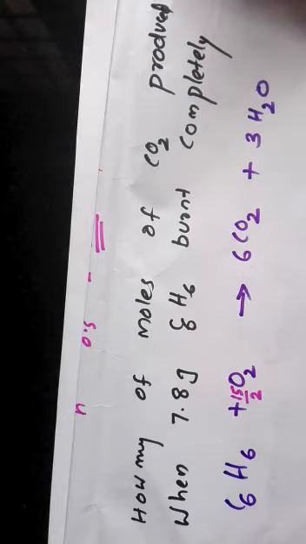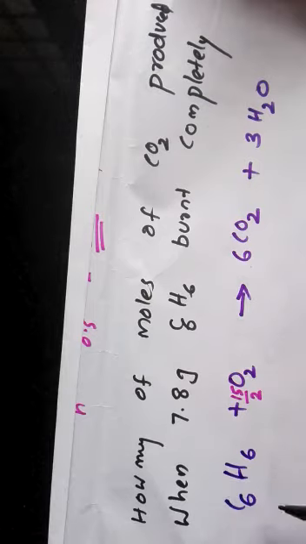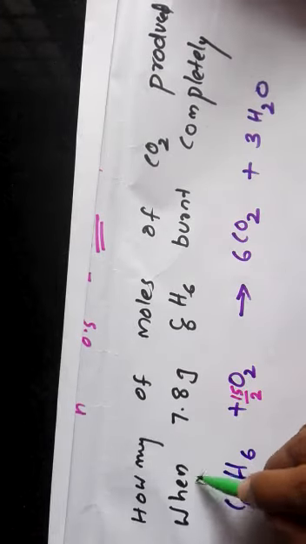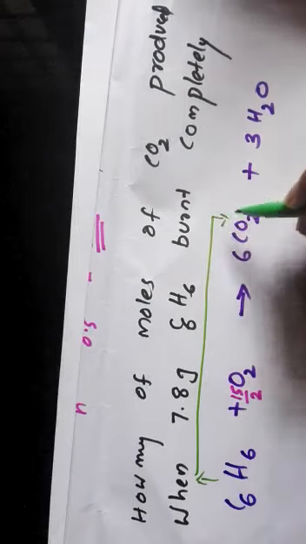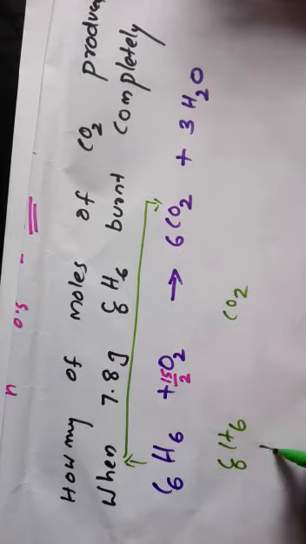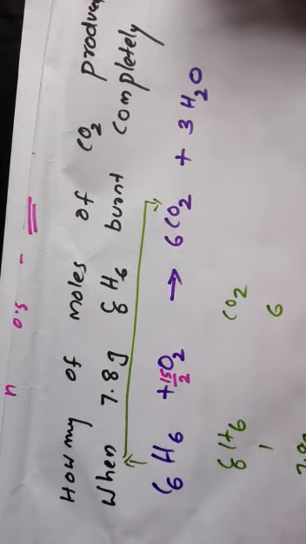Now you want to calculate how many moles of carbon dioxide are produced from benzene. Therefore, benzene and carbon dioxide, this is your connection. Benzene, carbon dioxide, 1, 6. Now you have 7.8 gram.